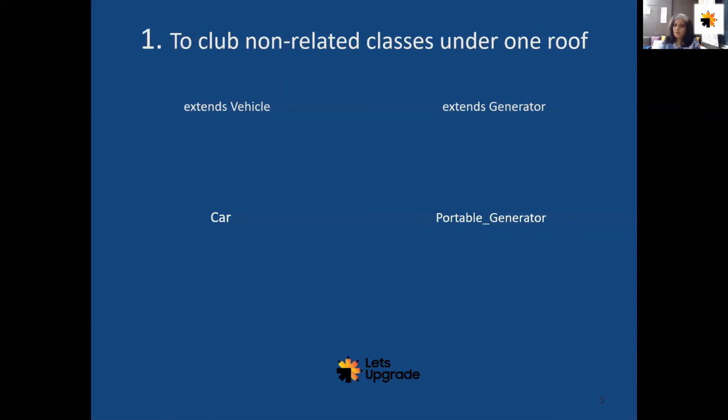I should create a type refillable, maybe. But the car should be refillable and the generator should also be refillable. Should I create refillable as a class?